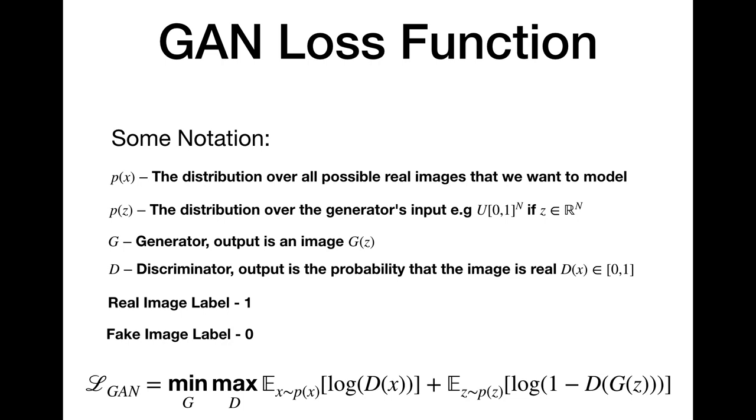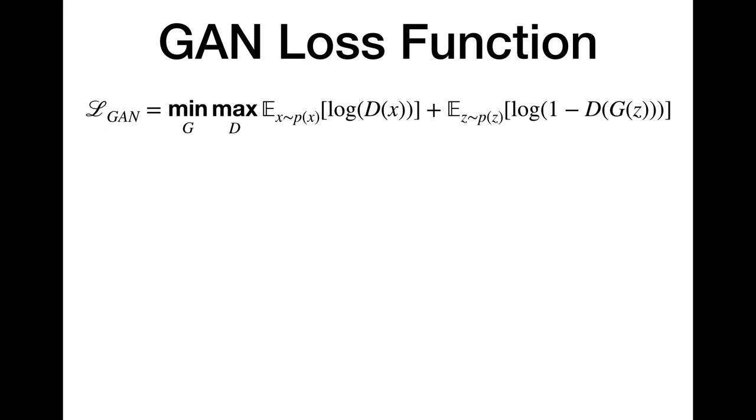The discriminator tries to maximize this loss, whereas the generator tries to minimize this loss. Let's try to simplify this expression a bit. We can write the expectation over the real images as a sample average over the real images, and we can also write the expectation over fake images as a sample average over the fake images.